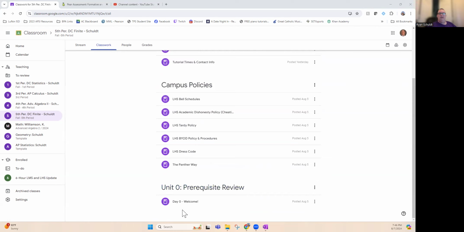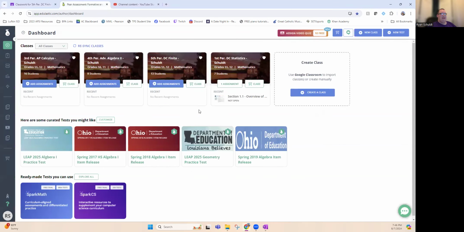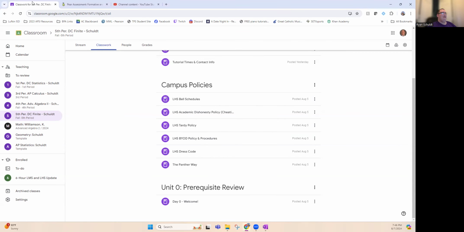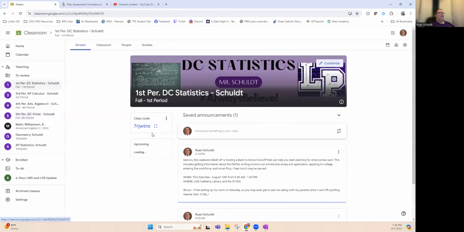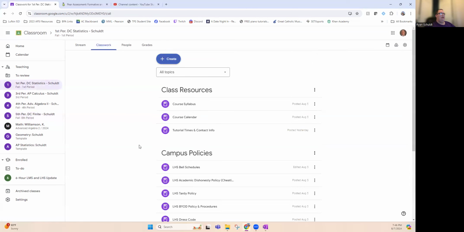You'll look for something that says Section 0.1, where we're going to look at what's called the real numbers today. You'll go into that, and that'll take you to something called Edgelastic. If you had me for geometry or maybe stats, you're probably already familiar with Edgelastic. If you aren't, you'll click a link in Google, and it'll ask you to sign in. I'll show you from the stats perspective what it looks like.